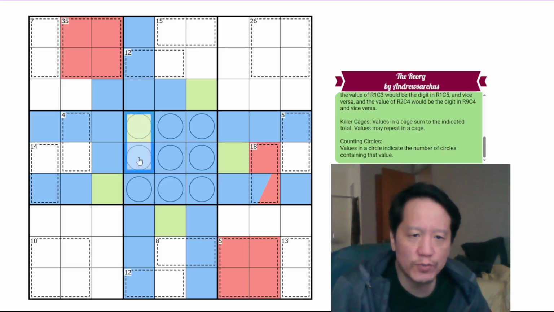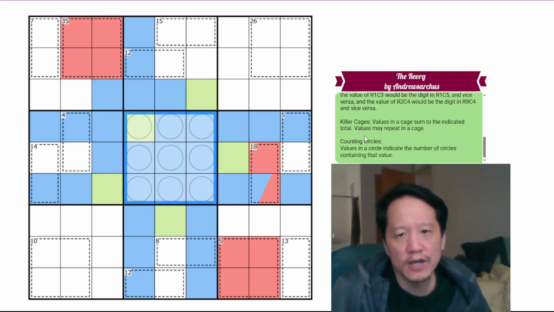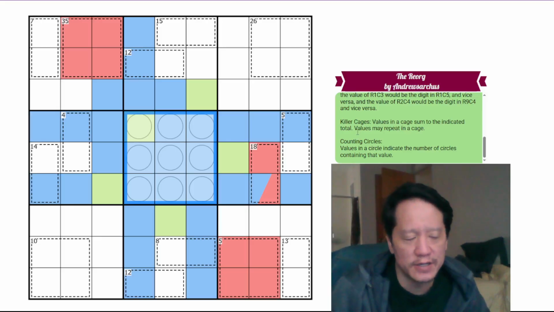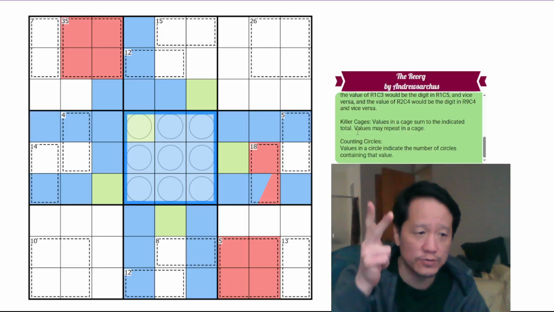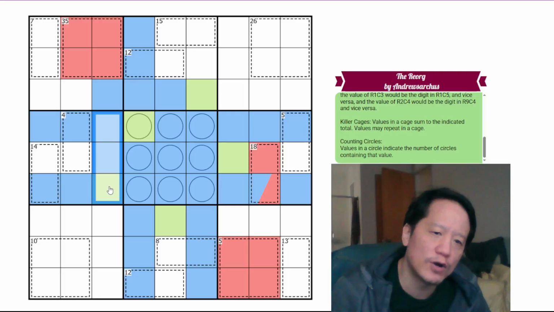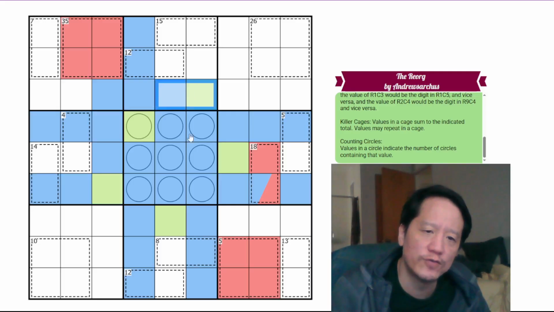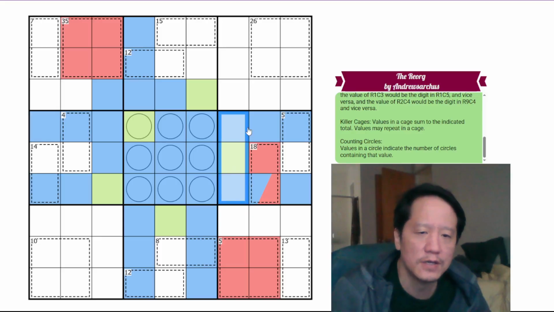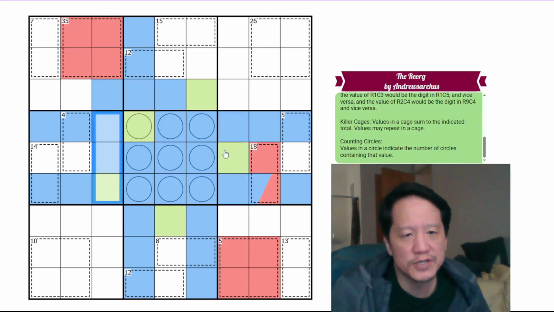Because again, you need to swap 6 times in the central box to make sure that the counting circles add up. Right? It adds up to 1, 2, 6, 1, 3, 5, or 2, 3, 4. So the values in this theoretical thing, that means all the swappers for box 2, 4, 6, and 8 are only in the cells that are next to the central box.